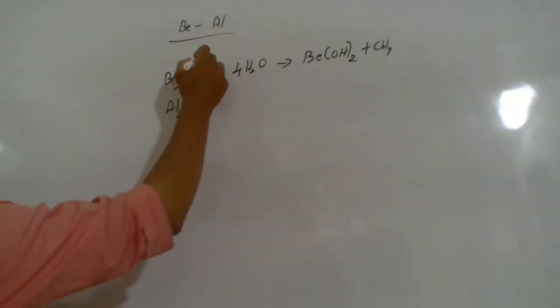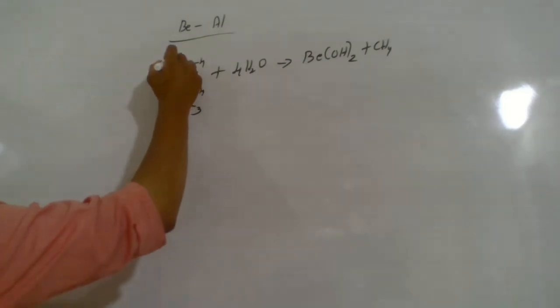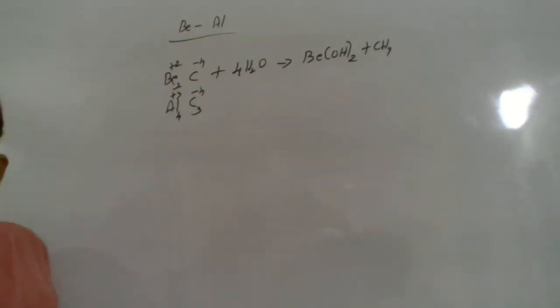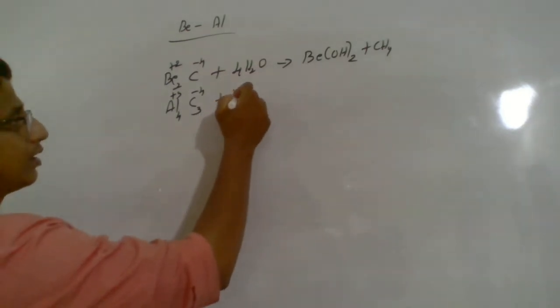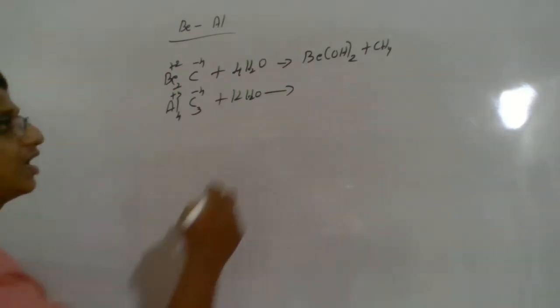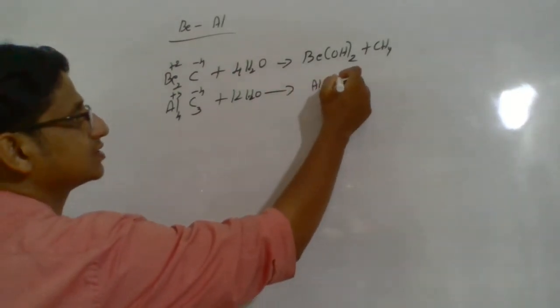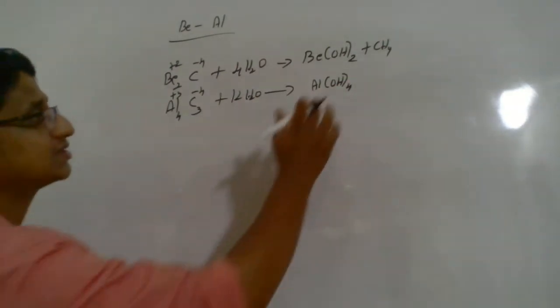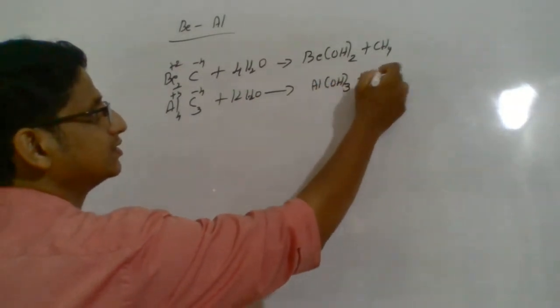Al4C3. Remember here carbon is in the -4 oxidation state. Beryllium is plus 2, aluminium plus 3. So the formula will be Al4C3. Aluminium carbide reacts with water, 12H2O, to form the corresponding hydroxide, Al(OH)3, plus CH4.